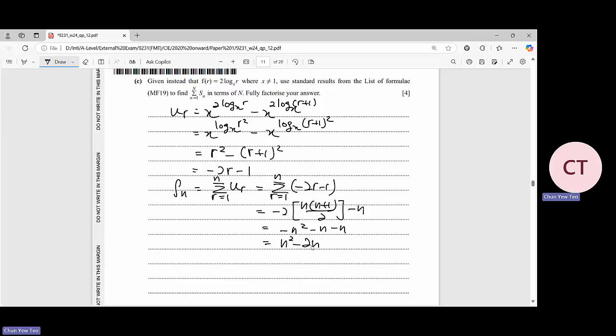But the question, be careful: they are looking for the sum of Sn. So the sum of Sn is actually the sum of this.